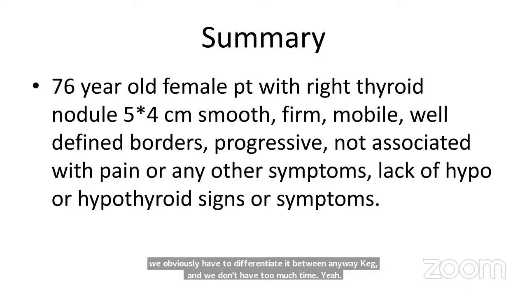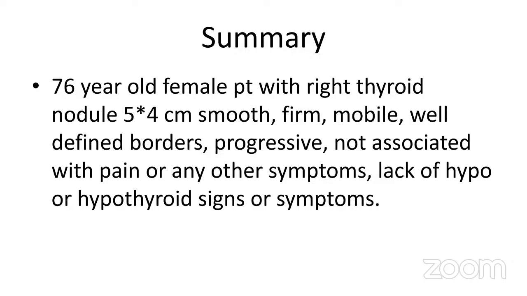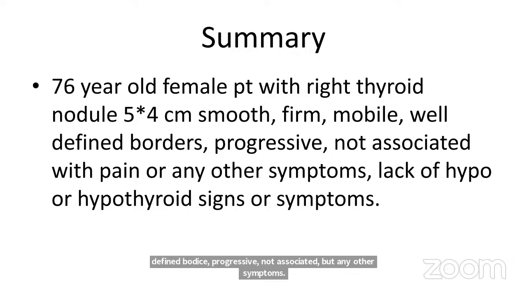To summarize my case, I have a 76-year-old female patient with a right side thyroid nodule, 5 centimeters, smooth, firm, mobile, well-defined borders, progressive, not associated with any pain or any other symptoms. There is a lack of any hypo or hyperthyroid signs or symptoms in the patient.